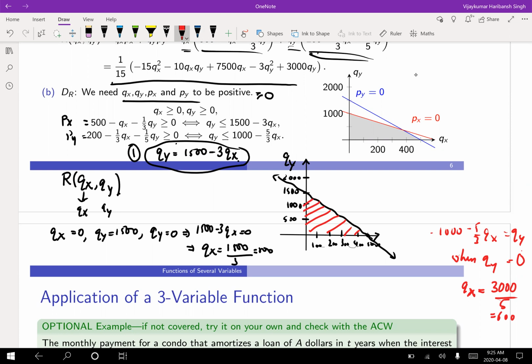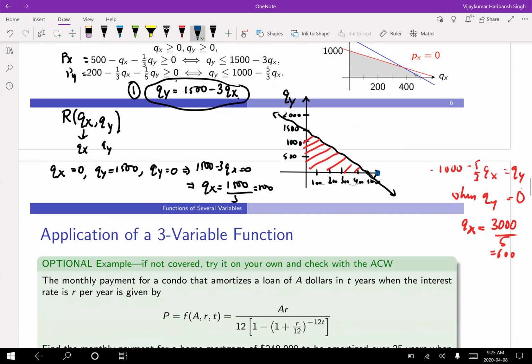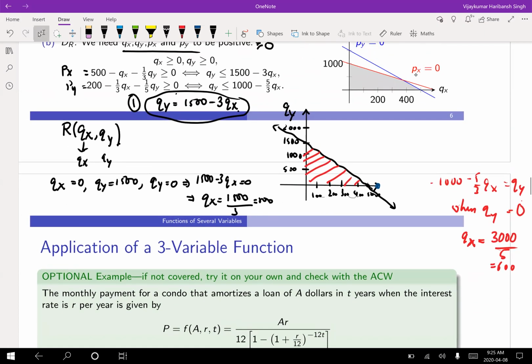So I'll draw it with a different pen. So we have 600 somewhere here. And similarly, when you have QX equals 0, you will get QY equals 1000. So this point here.